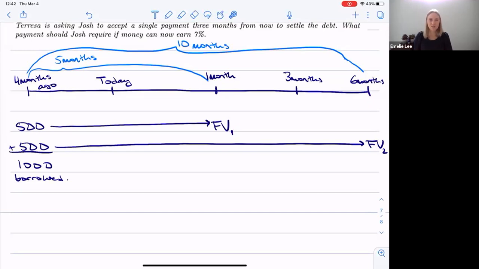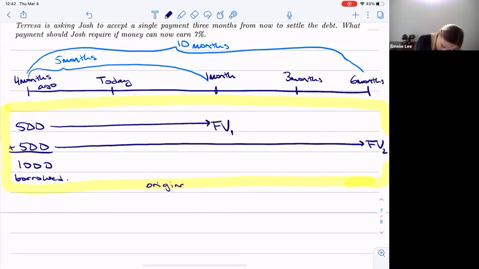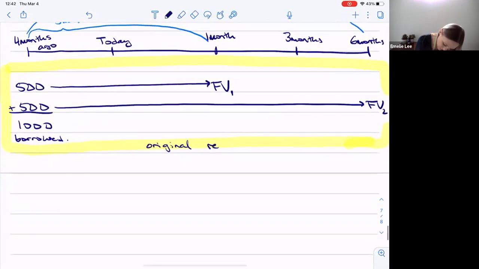Okay, so this was her original plan. This was the original repayment scheme, which I will highlight here, that this activity is the original repayment scheme.